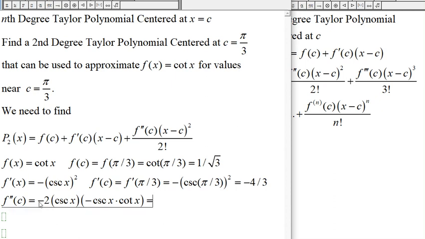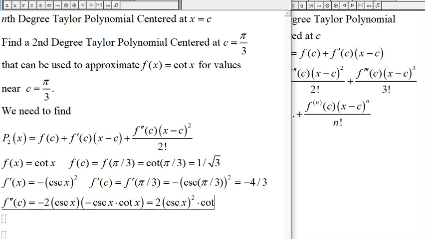And so here we have negative times negative is positive, so we get 2. And then cosecant times cosecant, that will be cosecant squared. And then times cotangent of x.